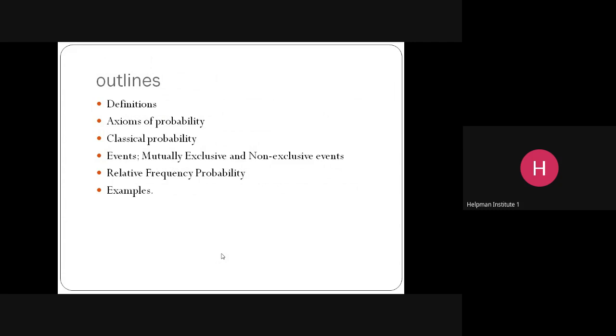We will look at events, mutually exclusive events, and non-exclusive events. We will also look at the relative frequency probability, that's its definition, and then we will venture into some examples. All right, so permit me as we start.